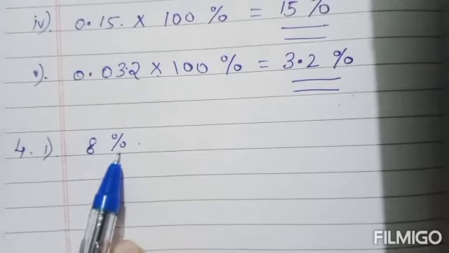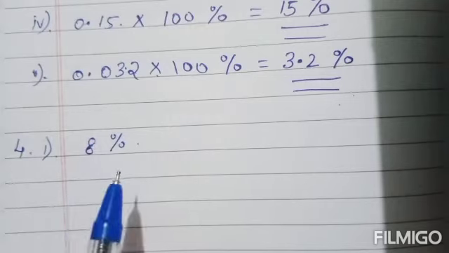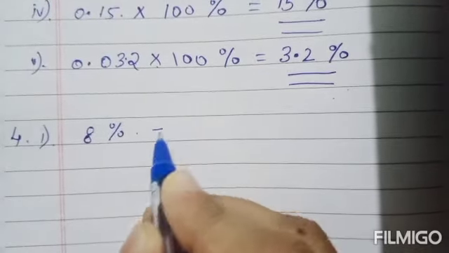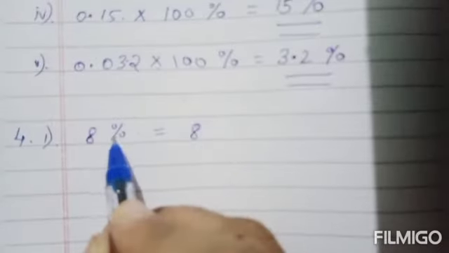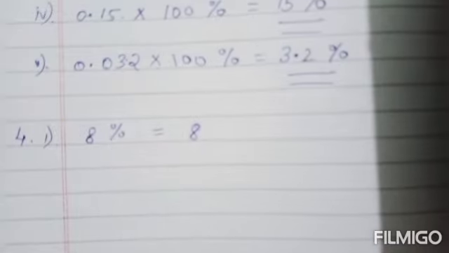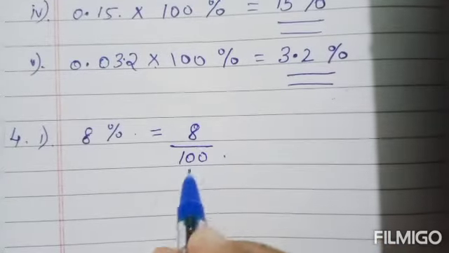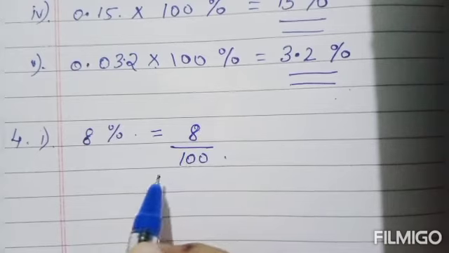Okay, so exercise 16a, in that fourth question, convert into fractions in their lowest terms. First one, 8%. The percentage is given, you have to convert this to a fraction in lowest terms. So 8%, how can you write it as a fraction? Remove this percentage sign and divide the number by 100. 8% is 8 by 100.